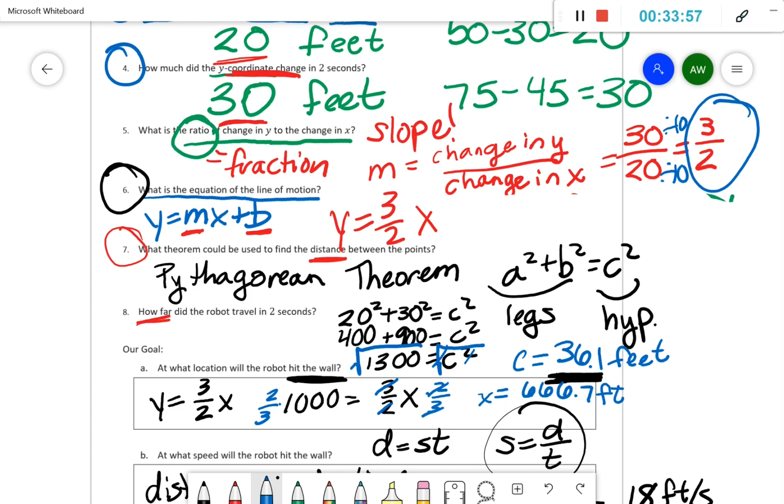So what location will we hit the wall? Well, if we put this in the same coordinates that we were using before, we know that our x is 666.7, and we know that our y is 1,000, because that's where the wall is. So this is our final answer for part A.